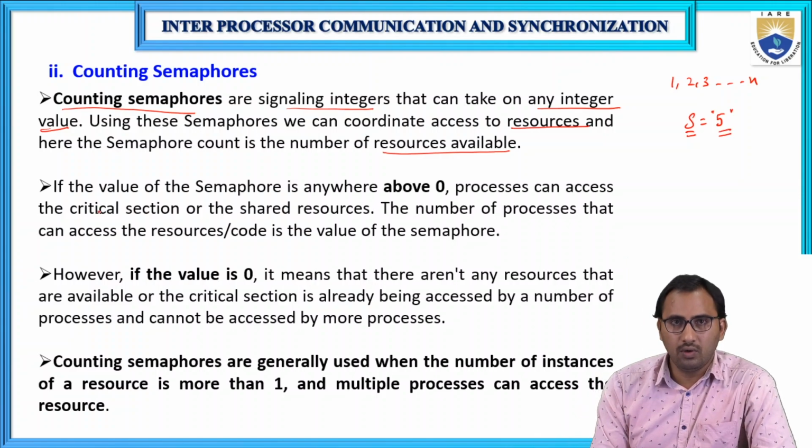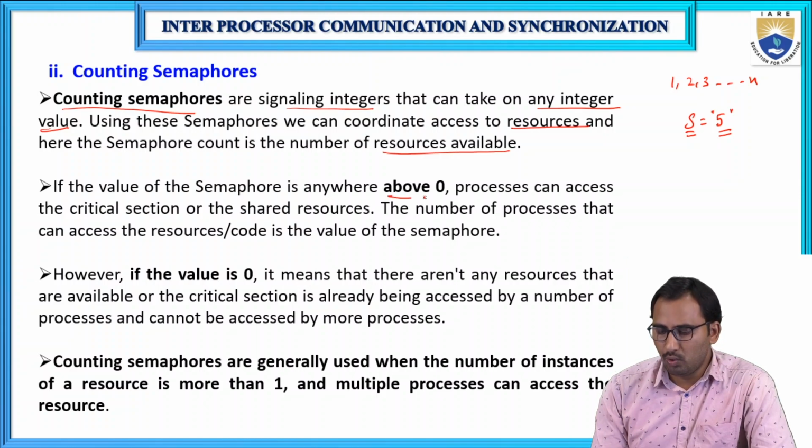If the value of the semaphore is greater than 0, the processes can access the critical section or shared resources. The process can access the critical section or resource only if the semaphore value is above 0, that means 1, 2, 3, 4 and so on.